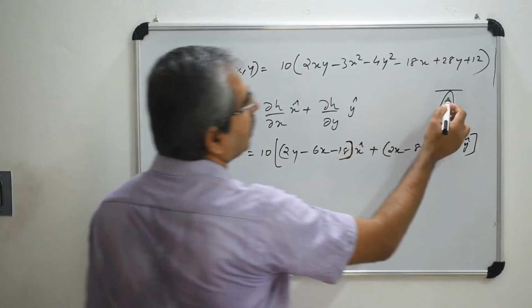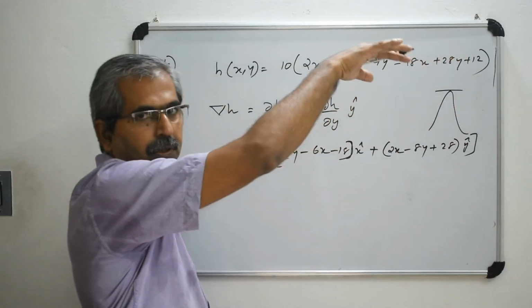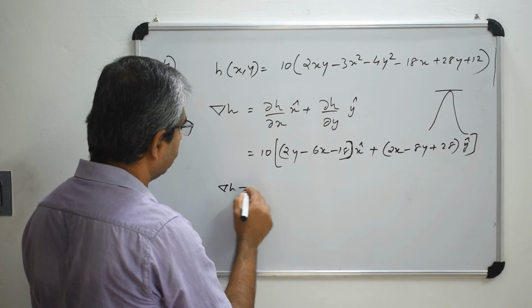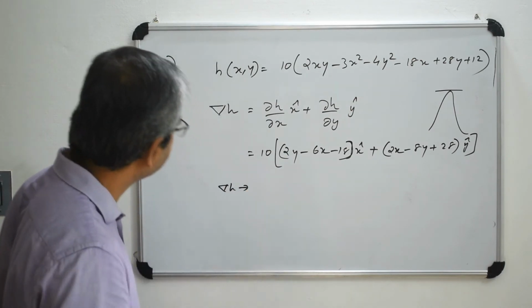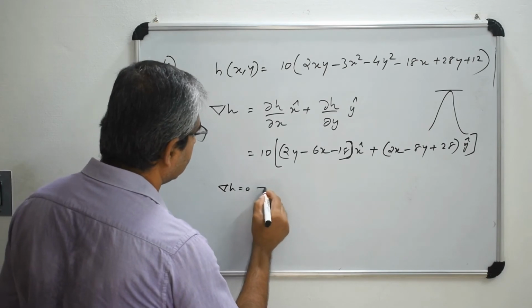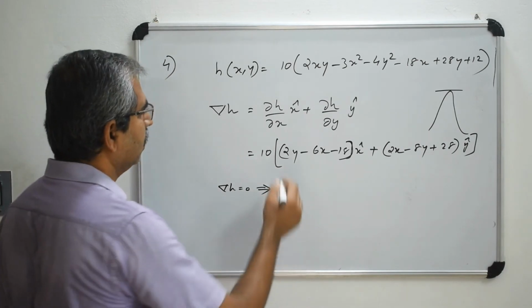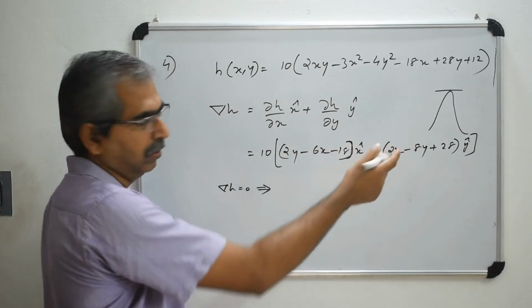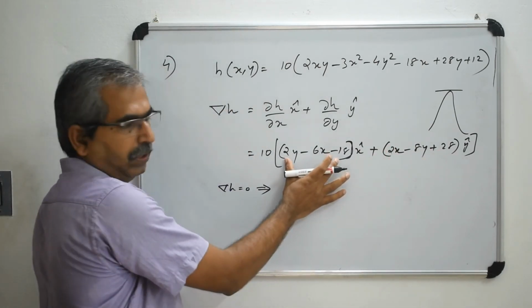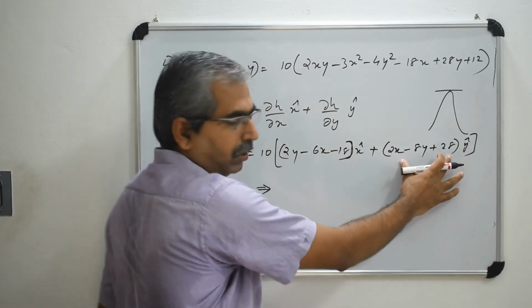Now we have seen that at the top del h should be equal to 0. That implies that this term must be equal to 0. So this is the x component and this is the y component. So this term must be equal to 0 and this term must also be equal to 0.